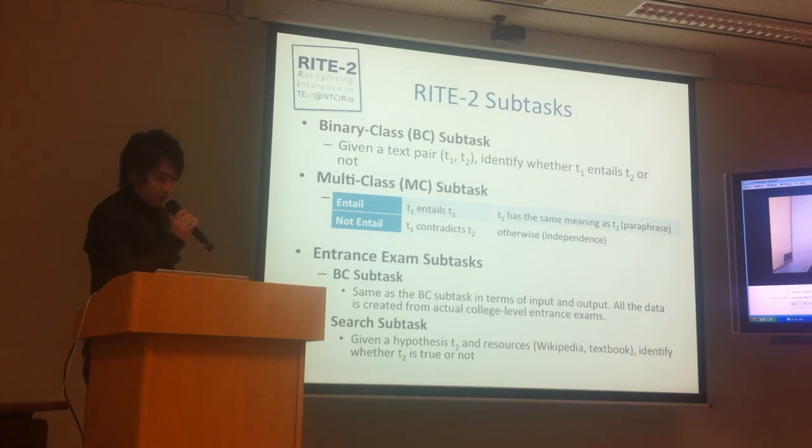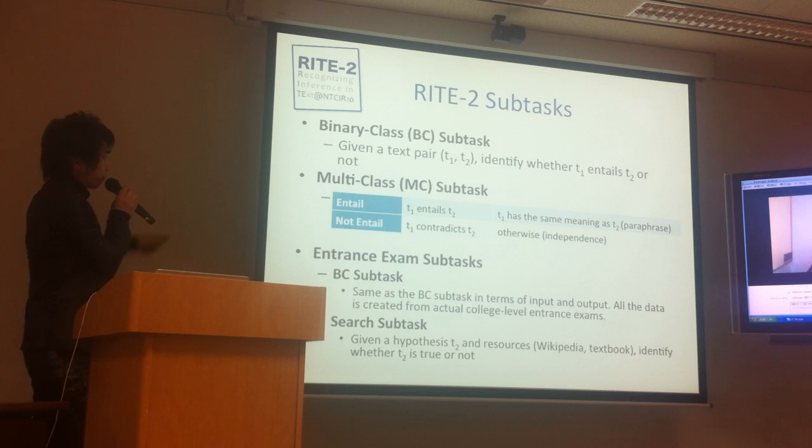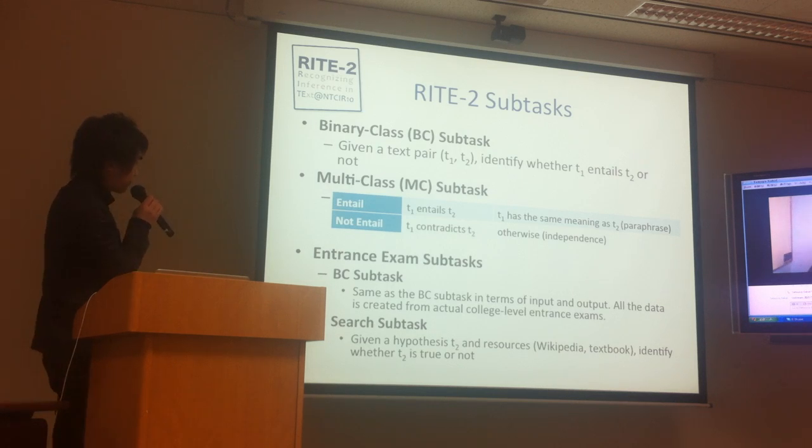In the multi-class subtask, there are four semantic relations.